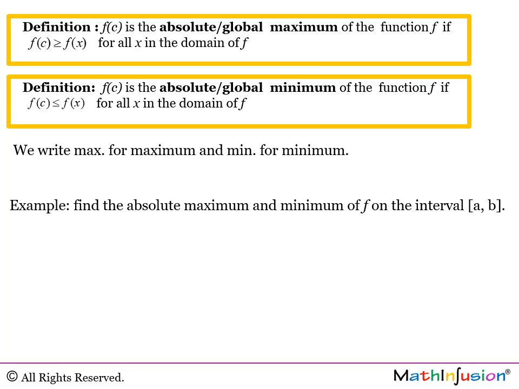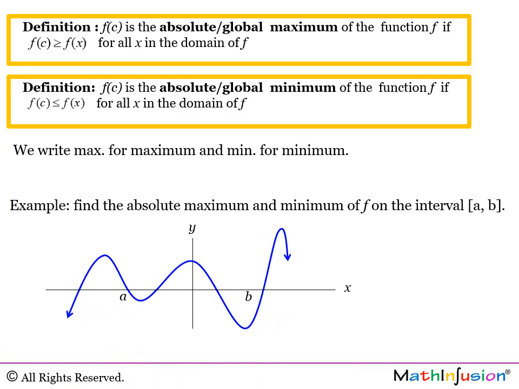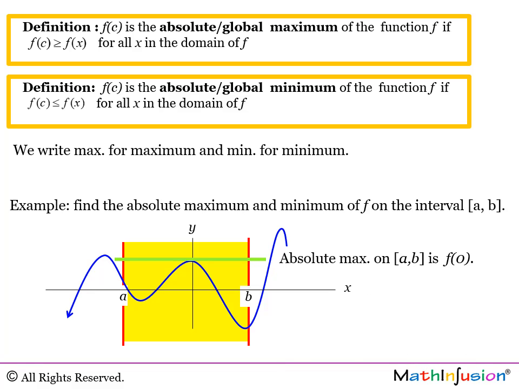Example: let's find the absolute maximum and minimum of the function on the interval [a, b]. And here's the function. Here's the interval a and b. We are just tracing the graph, and we see that you cannot reach more than this height. This occurs exactly where x equals 0, so the absolute max of this function on [a, b] is f(0).